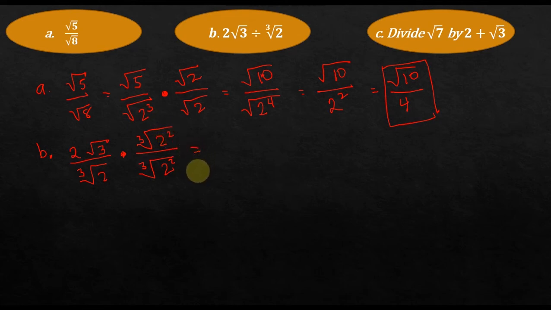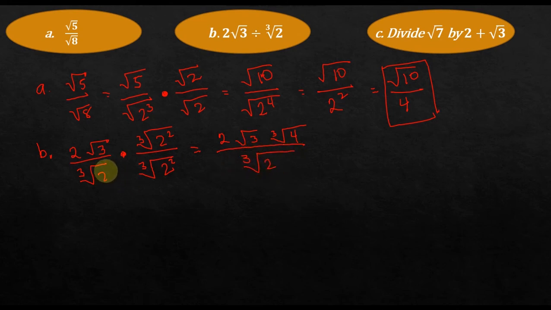Equals, now let's multiply. This will give us, first multiply the numerator, is 2, then square root of 3, and then you have your cube root of 4. And as you can see, you cannot combine these two radicals since they have different index. At the same time, they also have different radicand. So you just let it be that way, all over cube root of 2.